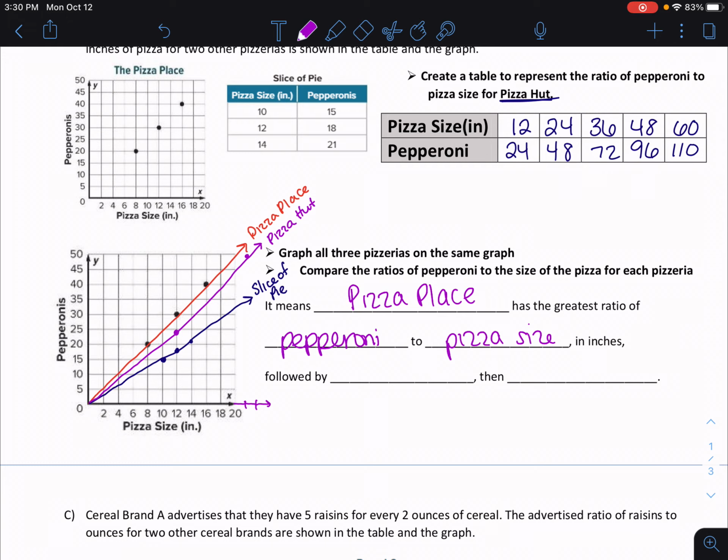So the original graph, Pizza Place, has the greatest ratio of pepperoni to pizza size in inches, followed by Pizza Hut, and then Slice of Pie. And again, I'm just taking this from the order of the lines. Pizza Place, the line's on top. Pizza Hut, the line is in the middle. And Slice of Pie is at the bottom.